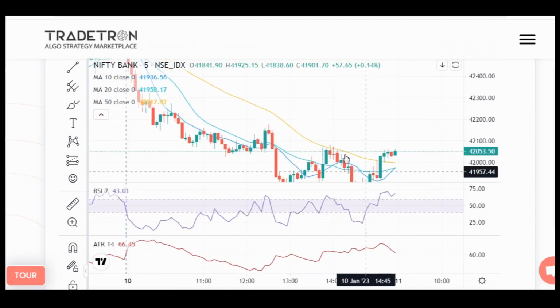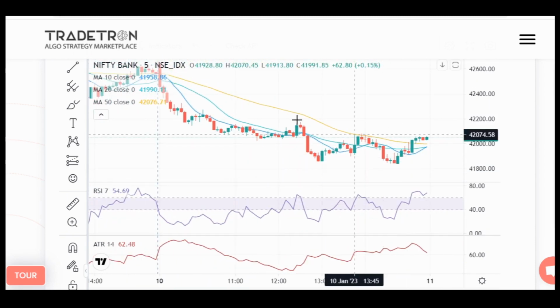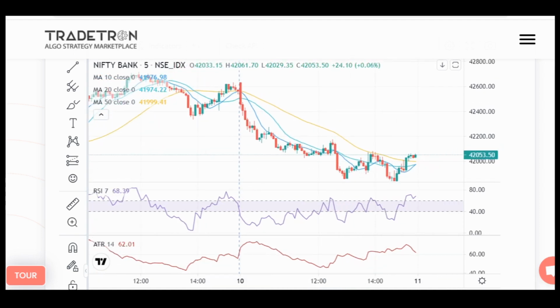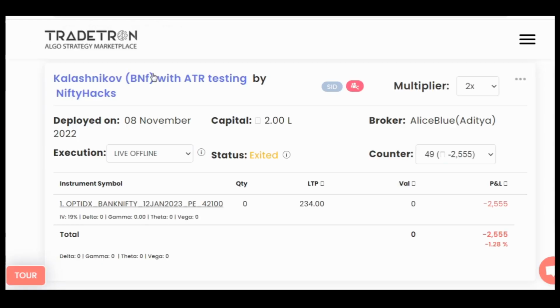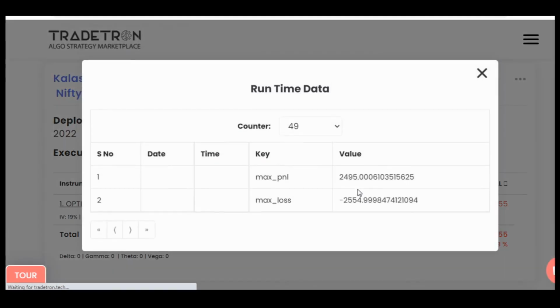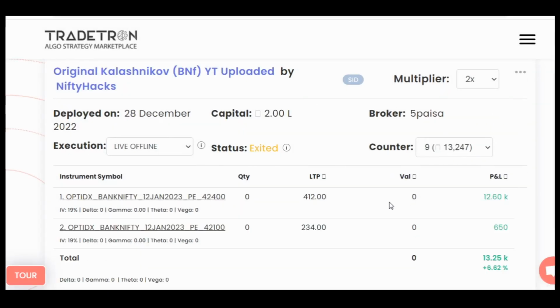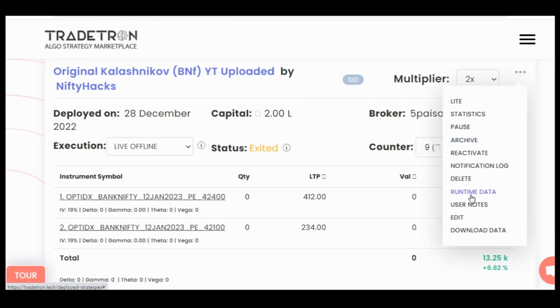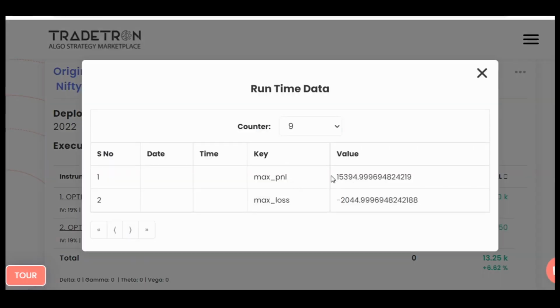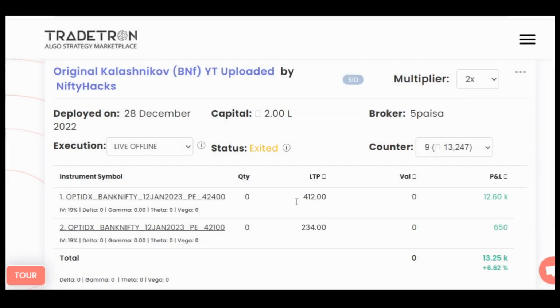And as you know, we didn't get any call side entry. So this is it, guys, and let's check the max loss and max profit for today. In the modified version, max profit went up to 2400 and max loss, which I think got booked, was 2500, and in the original version max profit went up to 15,000 and max loss went only up to 2,000.